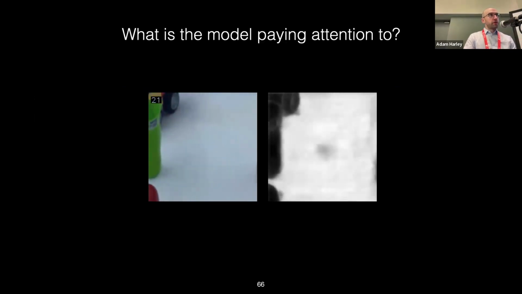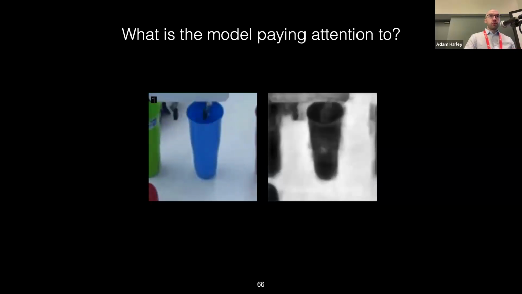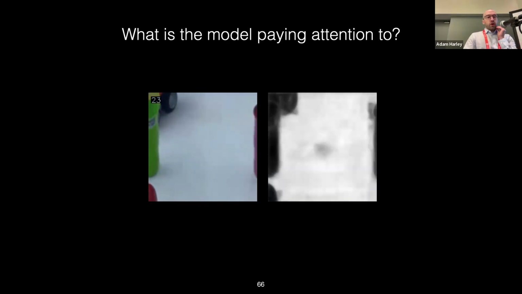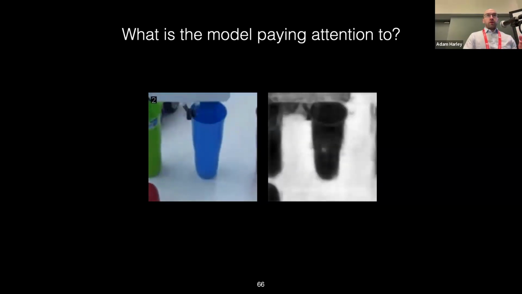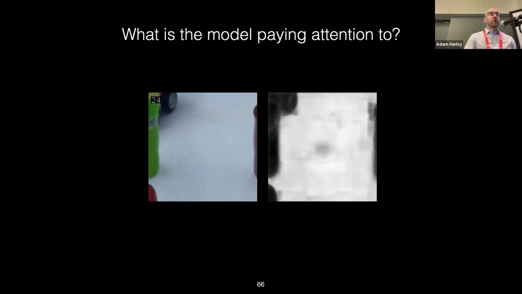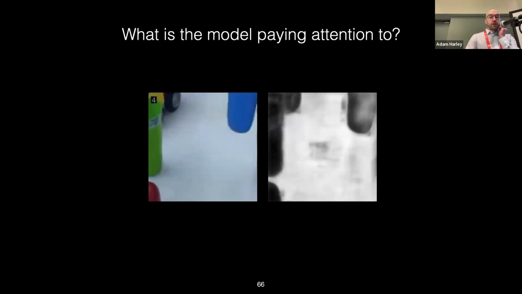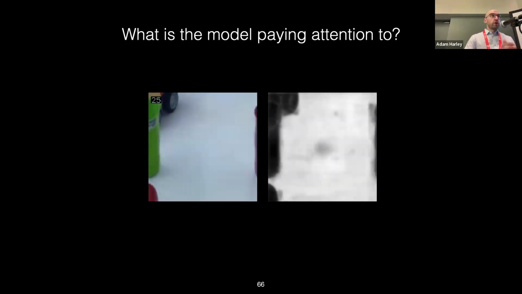But it turns out the overfitting problem is subtler than that. It's not just that we overfit to a particular scale. So looking at this 4x zoom alone, we should ask, why would the model ignore the prompt that we're giving it and track the table instead of the cup? So what really is the model paying attention to?